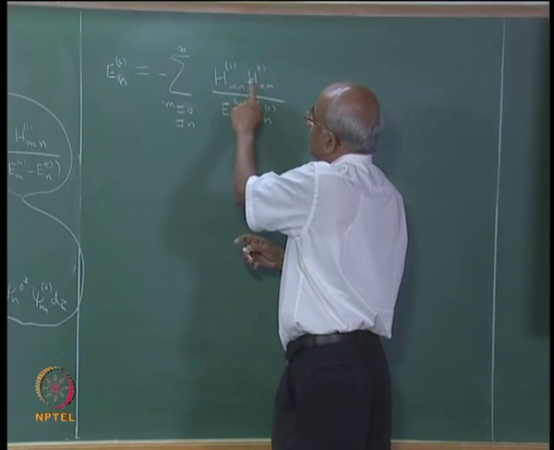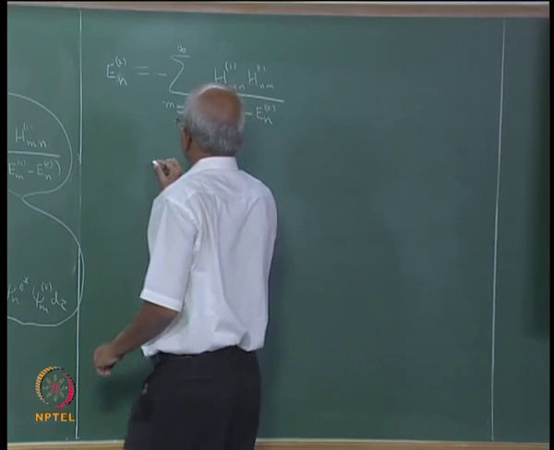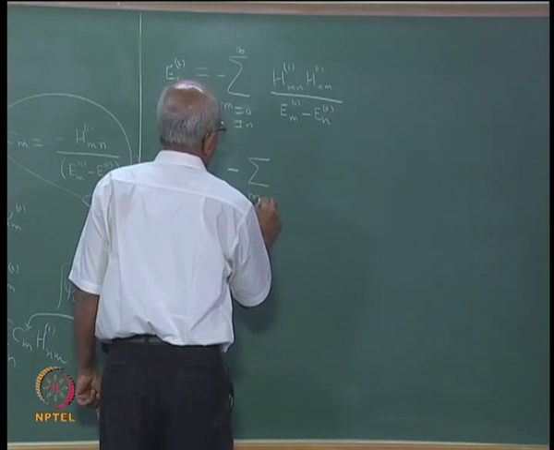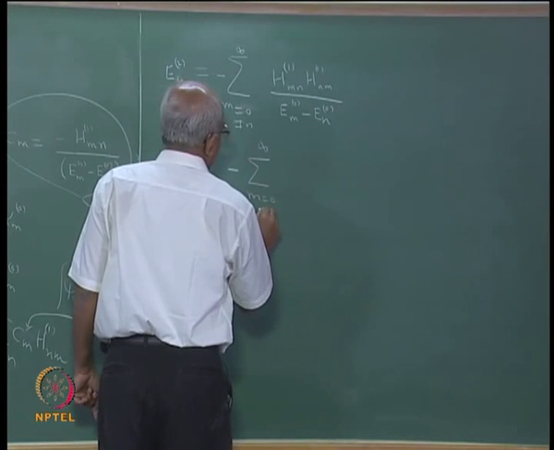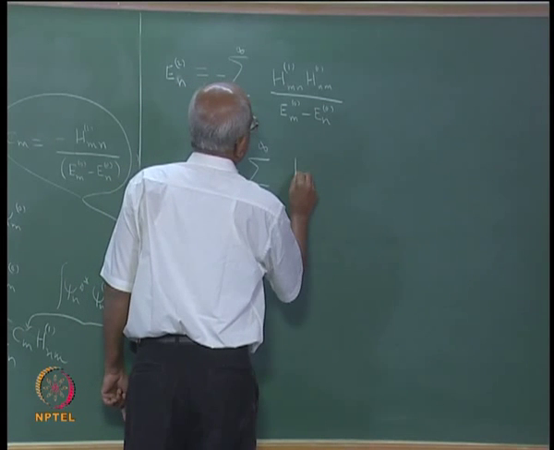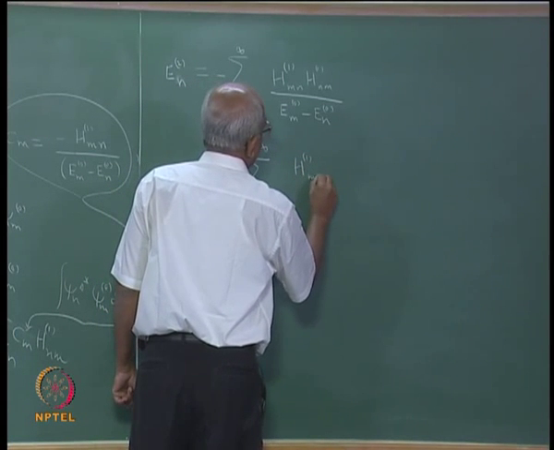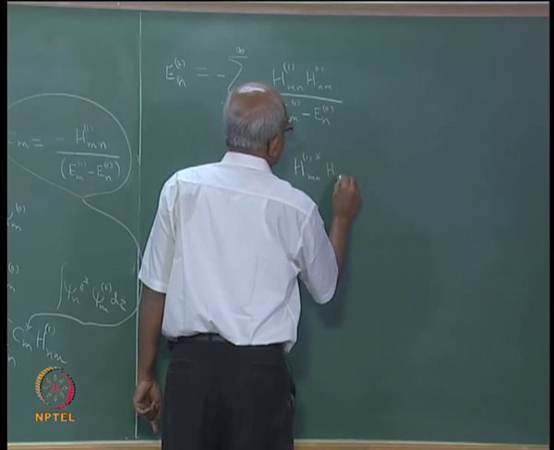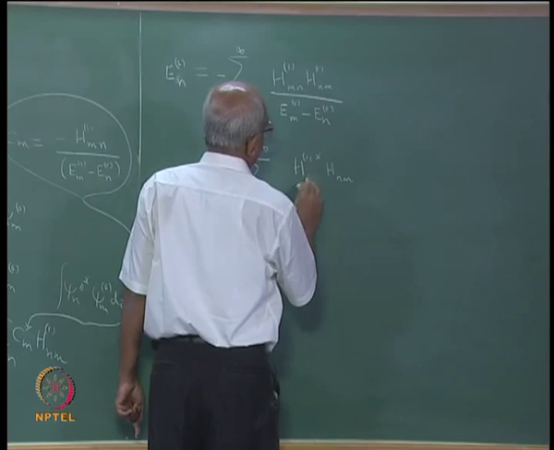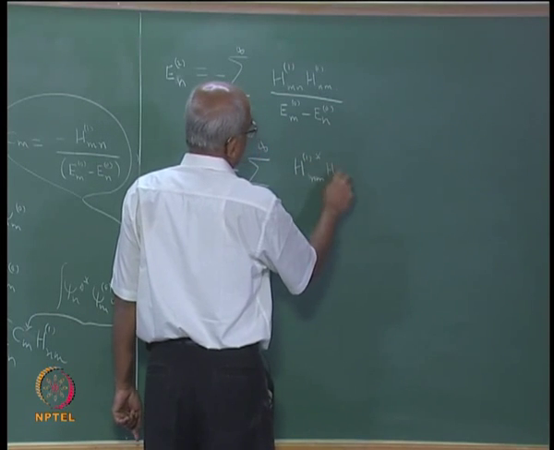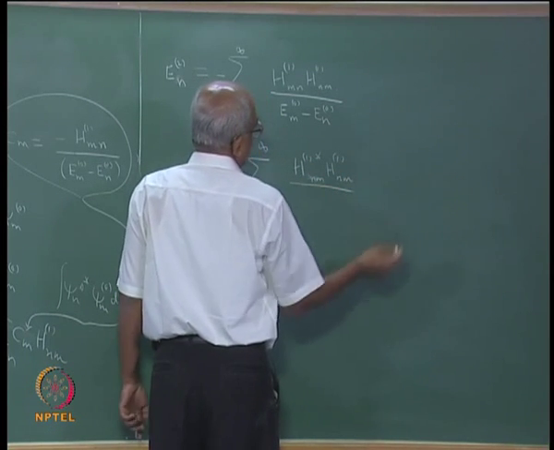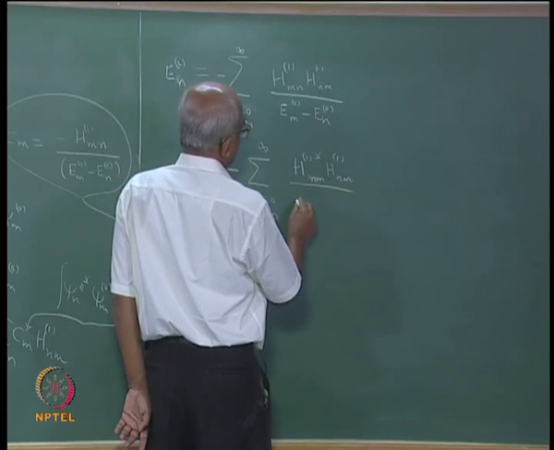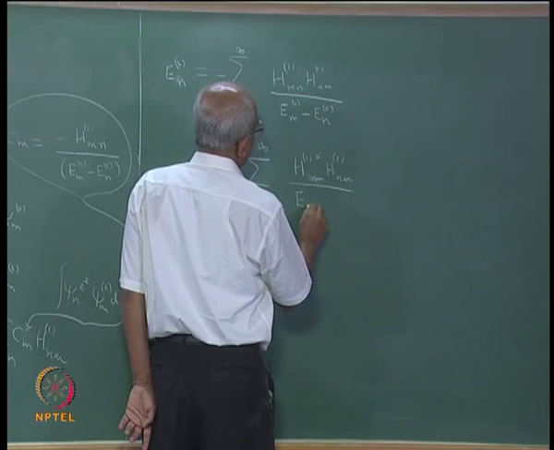All that happens is that this is the complex conjugate of that, and therefore this expression can be written as minus sum m going from 0 to infinity, m not equal to n, h1 mn star h1 nm. I mean, you take the matrix element, take its own complex conjugate and multiply the two together, you will get the numerator.